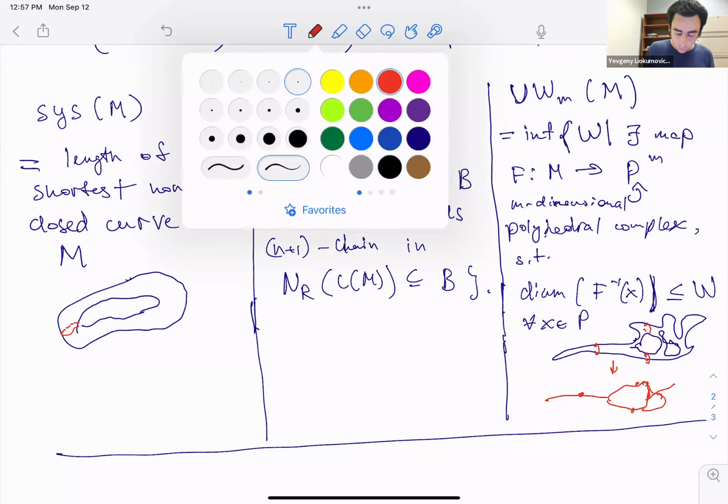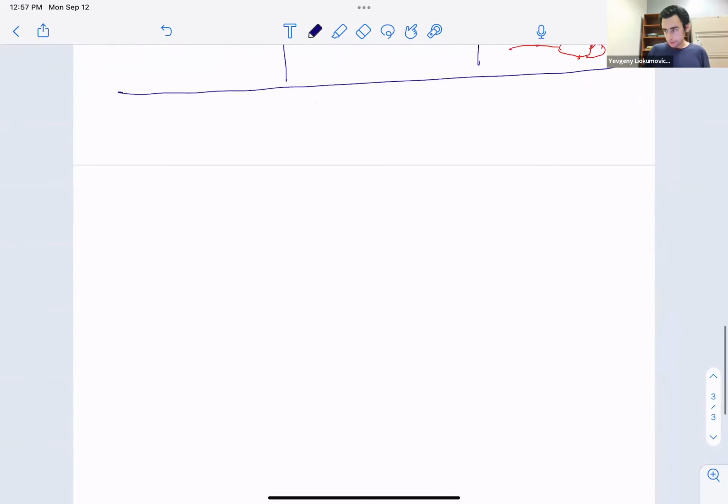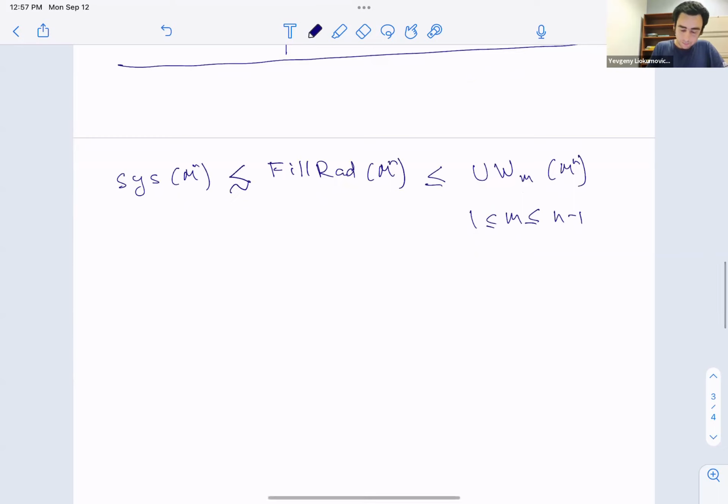And so Gromov observed the following relationship between these geometric quantities, between these metric quantities, that the systole of manifold M is up to a constant bounded by the filling radius of M up to an absolute constant, and filling radius in turn is bounded by Urysohn width of M between 1 and n minus 1.